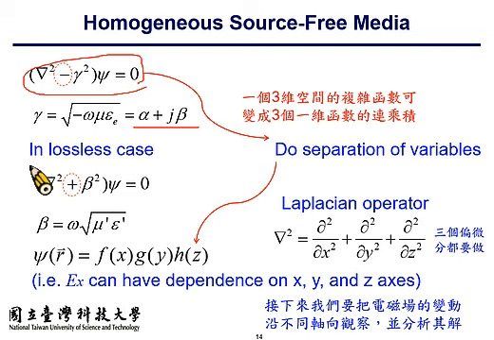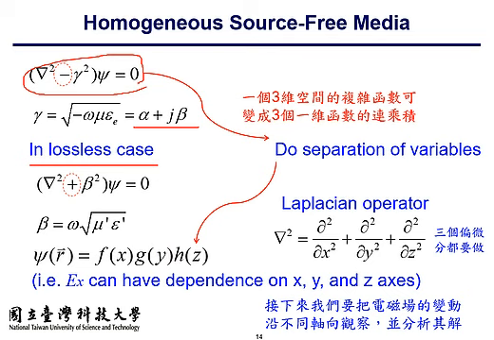Let's begin with the lossless case, which makes your life a little bit easier. For the lossless case, gamma can be replaced with j beta. So the square of j beta is, so here you have minus beta squared times phi. And beta, which is the phase constant, is the product of the angular frequency times the square root of mu prime times epsilon prime.